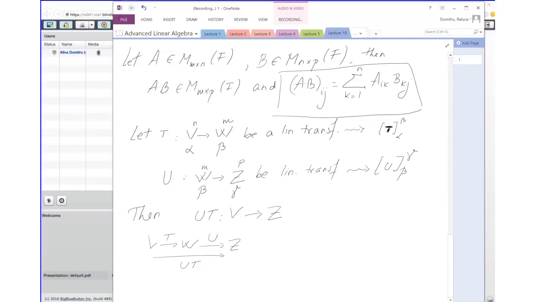I don't know anything about it. But I have two questions. Question one: is this composite function still a linear transformation?